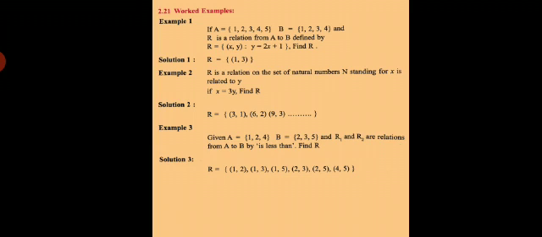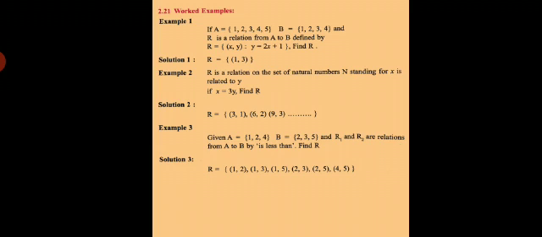Here we have taken x value as 1. So 2 into 1 is 2, plus 1, that will be equal to 3. Based on this condition we have to find R. On substituting x equal to 1, you get y value equal to 3. This is the relation defined on the condition.